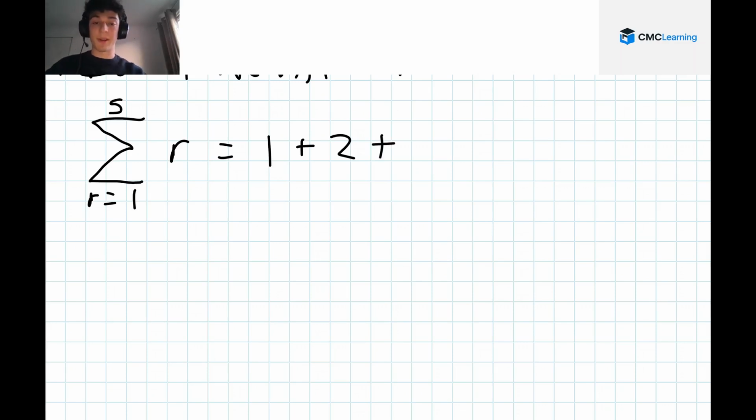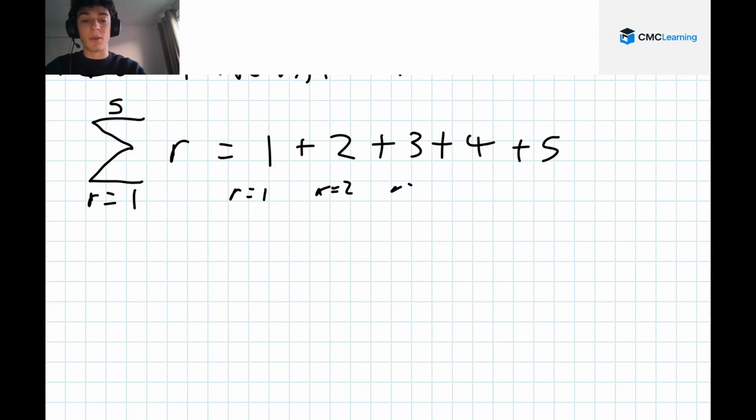When r is equal to 3, we get 3. I'm sure you see where this is going. The important thing is we do that until we've reached the value of r given by the top. So if we were to write these explicitly, we have r equal to 1, 2, 3, 4, and 5.